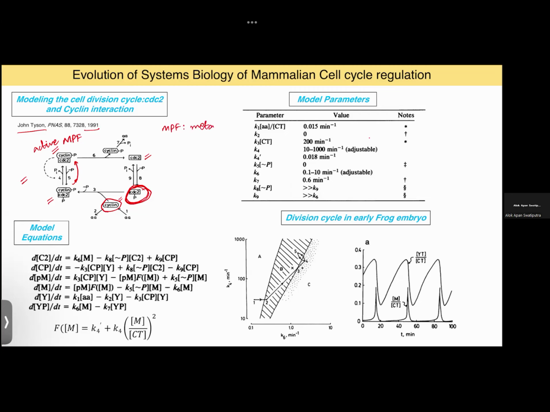MPF is called the metaphase promoting factor. So whenever this active MPF is formed, that will signal the cell to undergo mitosis.